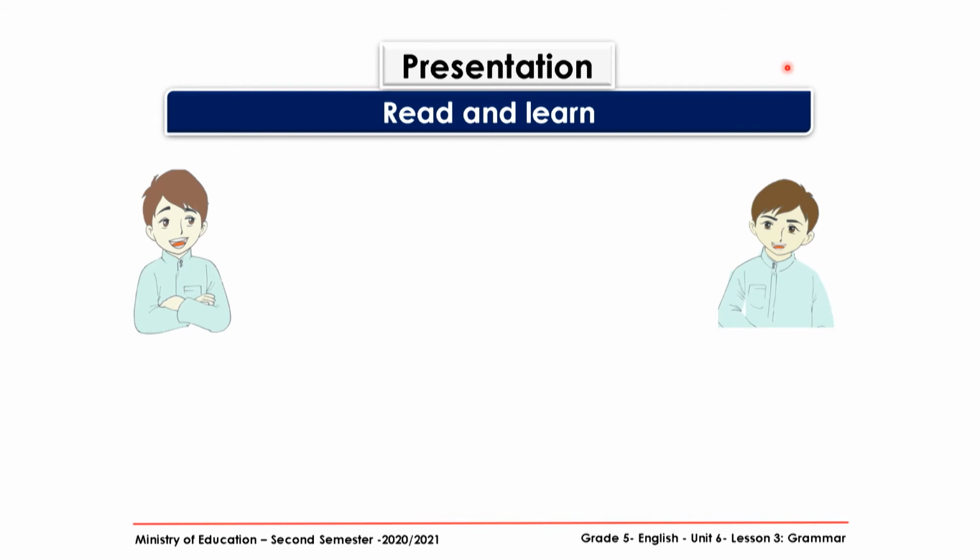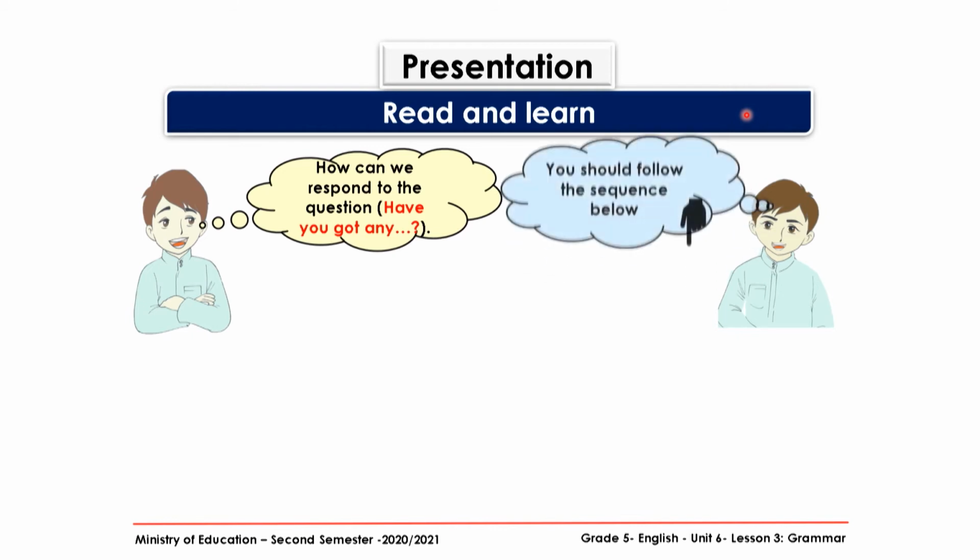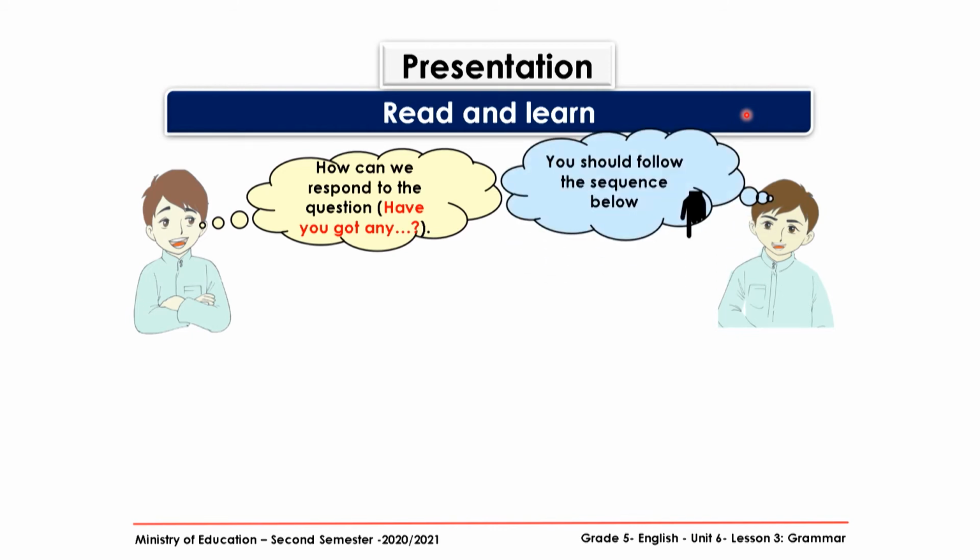Now, let's learn how to respond to the question, have you got any? In order to answer this question, we should follow the sequence below. So we have positive sentences and negative sentences.